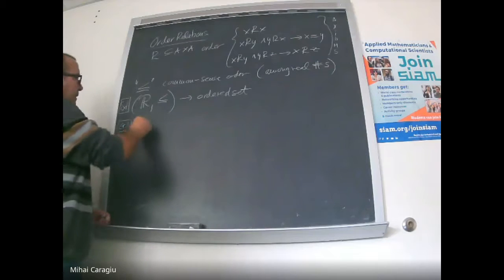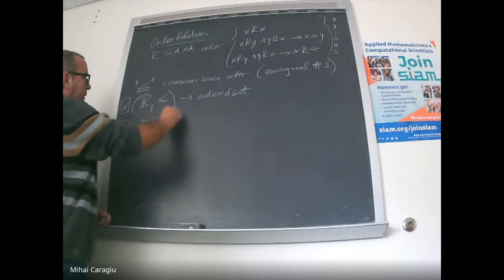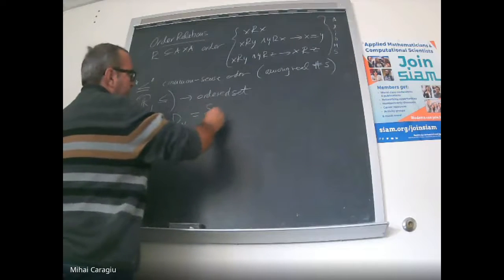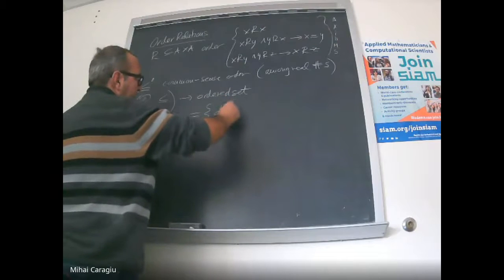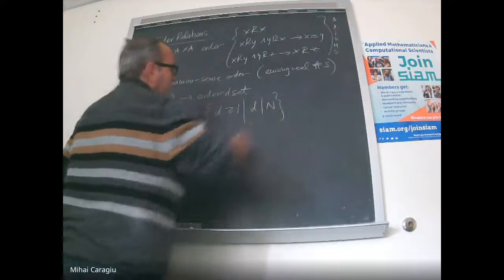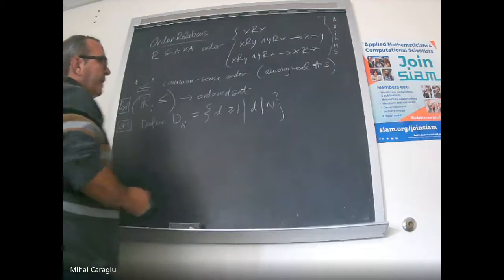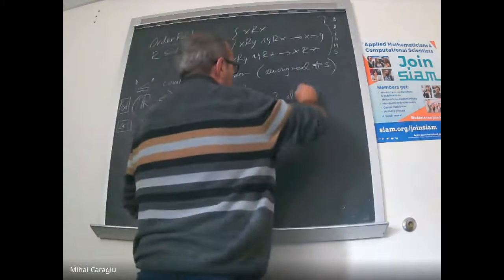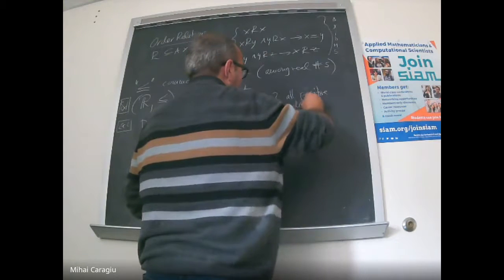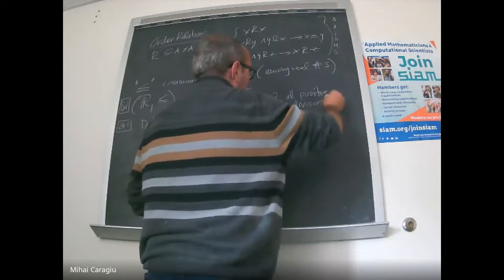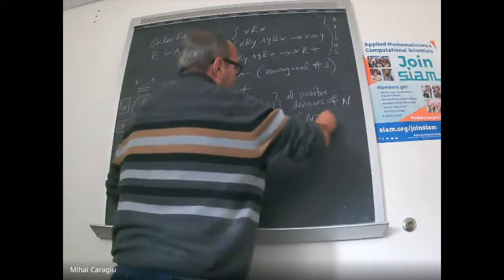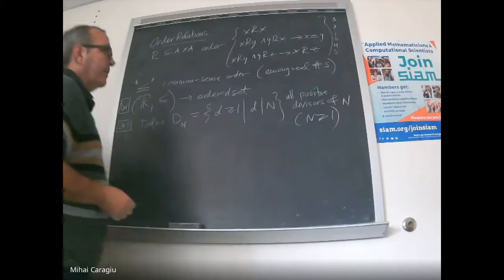So let's define D sub n, for n a positive integer, as the set of all numbers b bigger than or equal to 1 such that b divides n. In other words, all positive divisors of n, where n is itself a positive number.